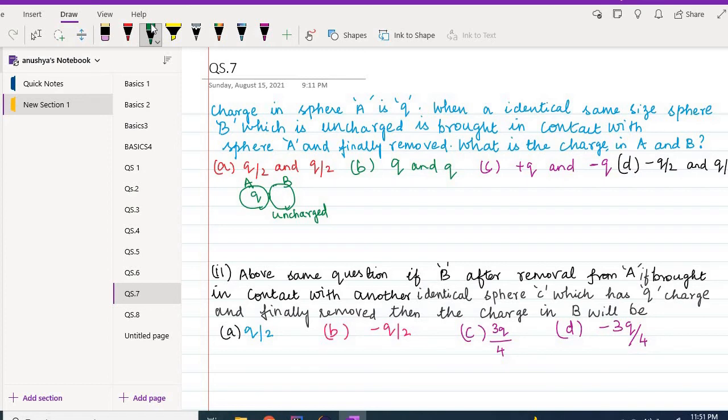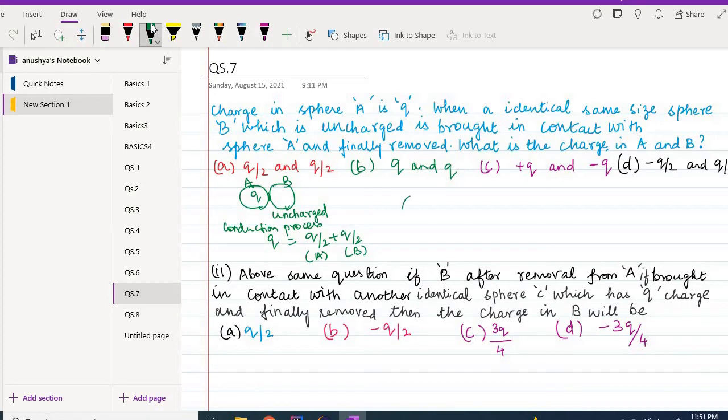So what is this process? Contact is there, so the process is conduction. In the conduction process, charges will be equally transferred between them. So Q is equally transferred, which means Q by 2 plus Q by 2. So A has Q by 2, and B also has Q by 2.